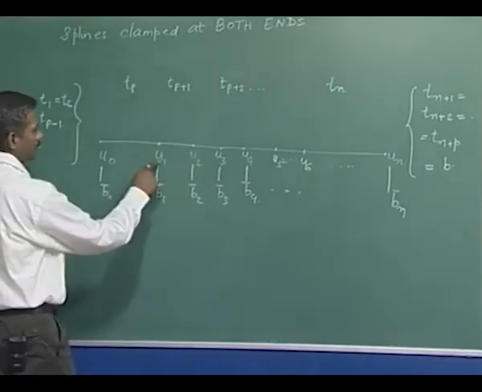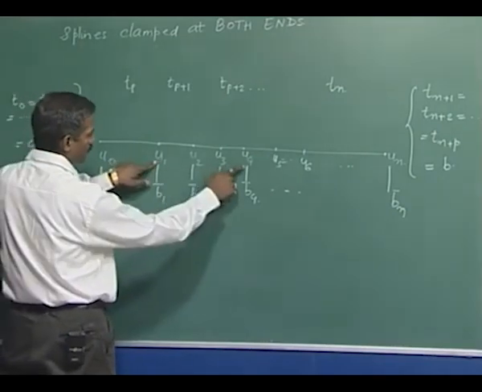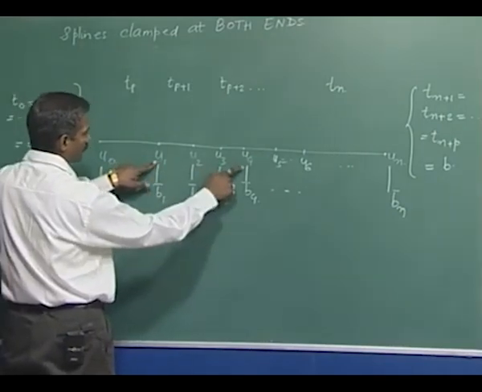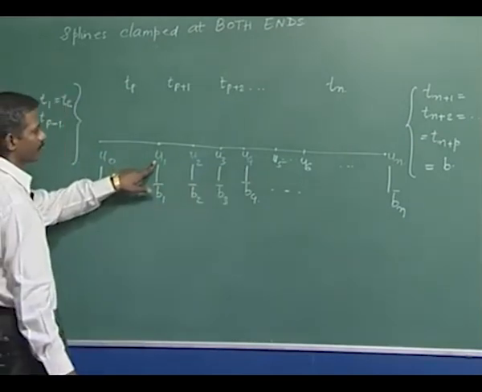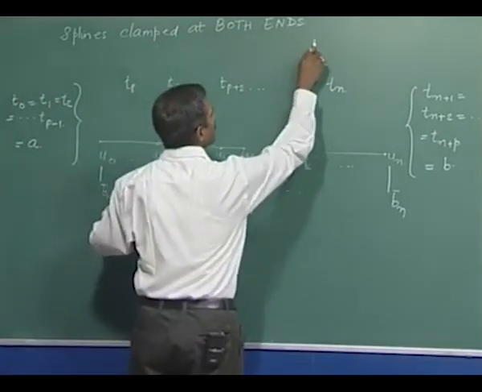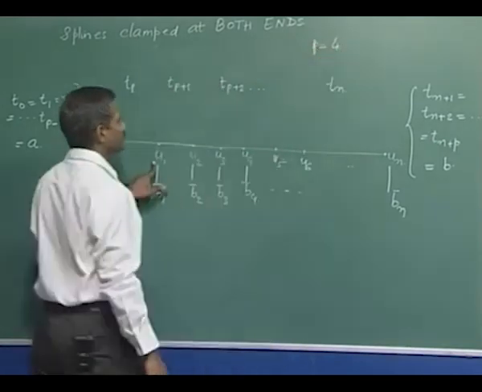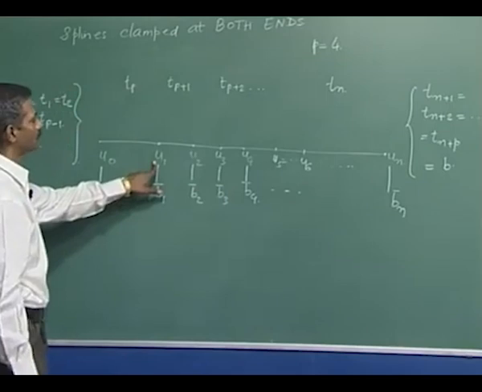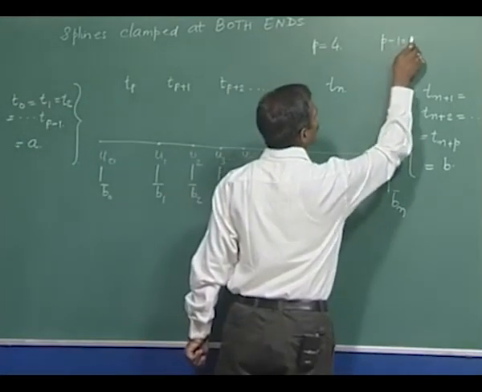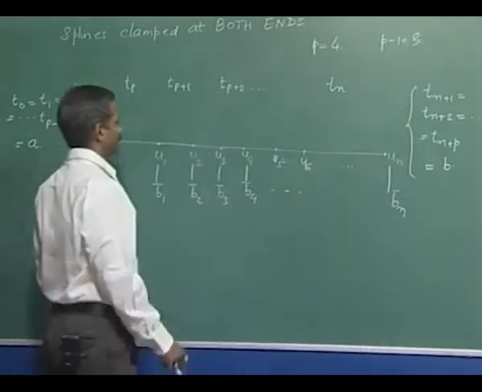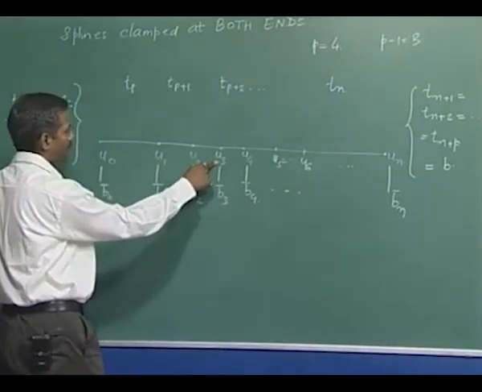Anyhow, the idea is to choose p minus 1 of these parameter values and average them out. Let's say if p equals 4 in our case, then we'll have to be choosing p minus 1 equals 3 parameter values at a time and averaging them out.